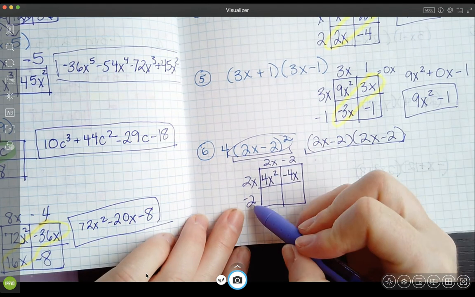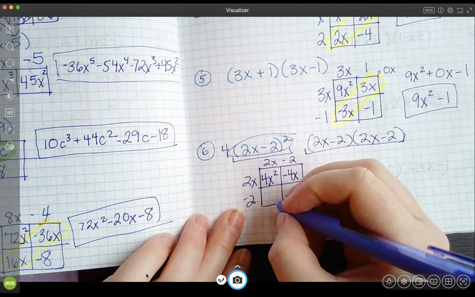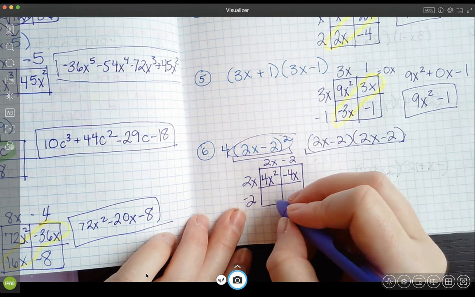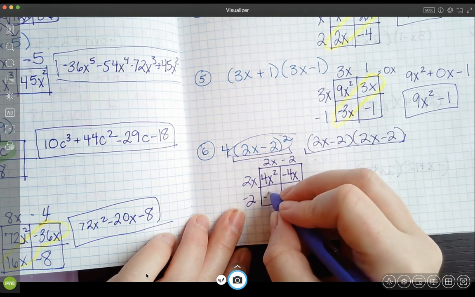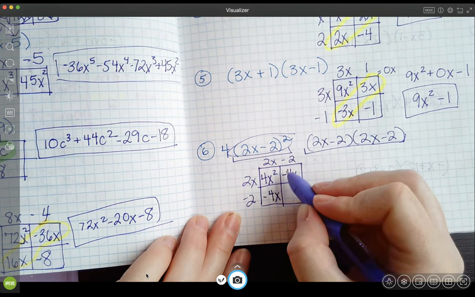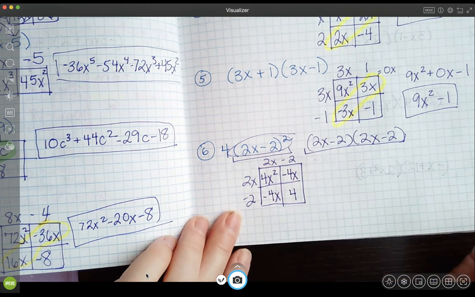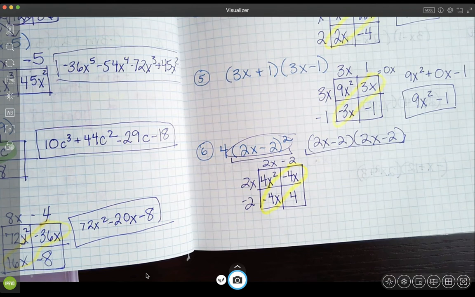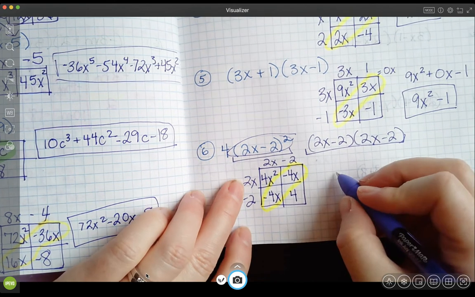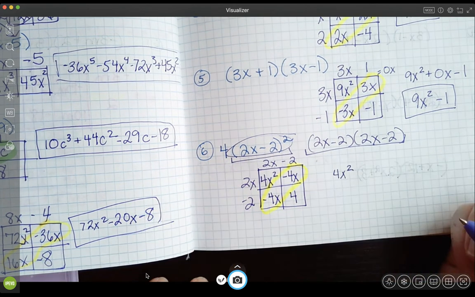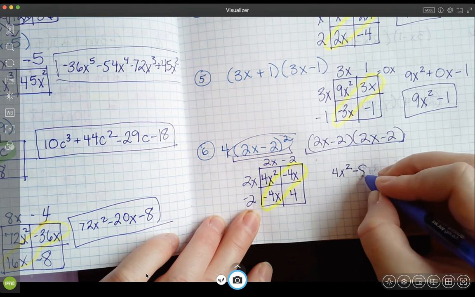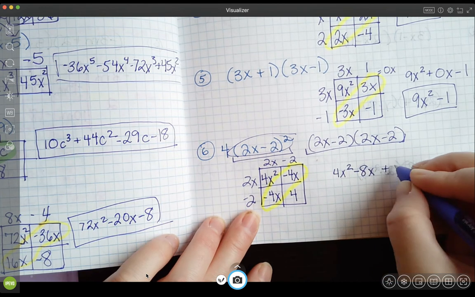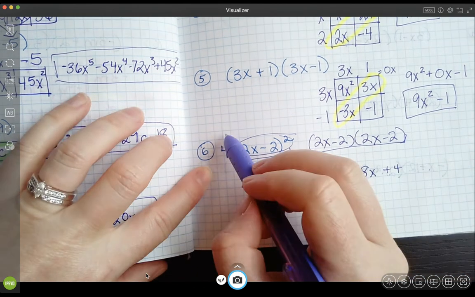And then negative 2 times 2x is a negative 4x. And negative 2 times negative 2 is positive 4. And so we can do this. So we have 4x squared minus 8x plus 4.